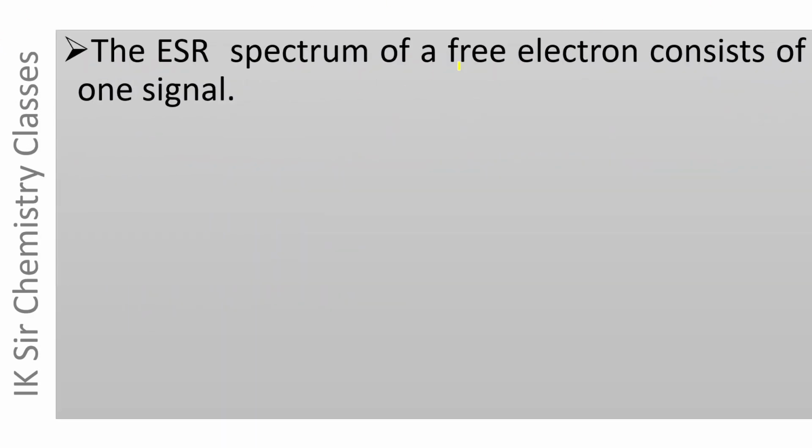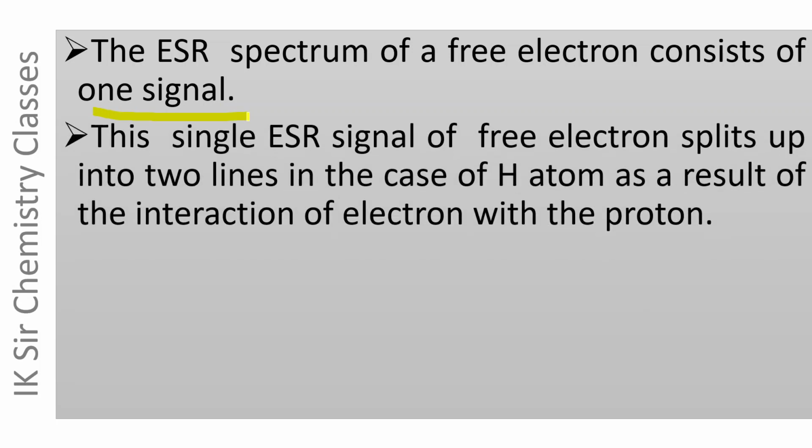The ESR spectrum of a free electron consists of one signal. This single ESR signal of free electron splits up into two lines in the case of hydrogen atom, as a result of the interaction of electron with the proton.